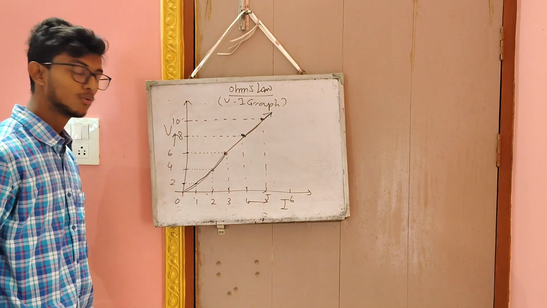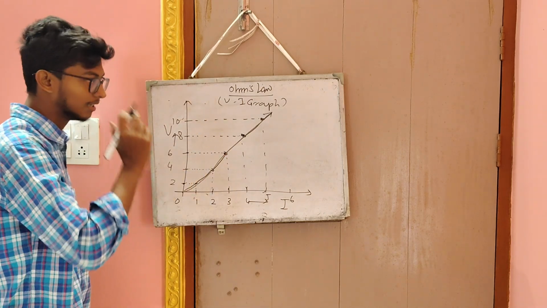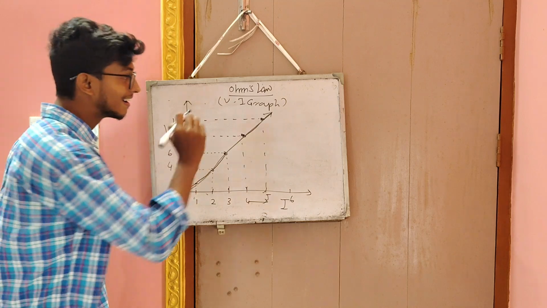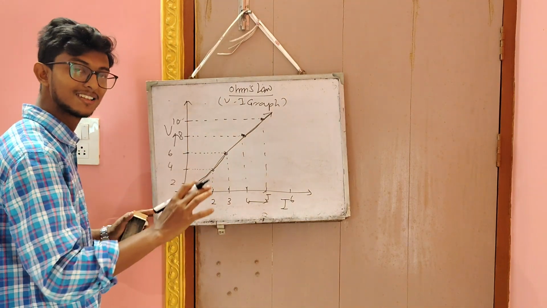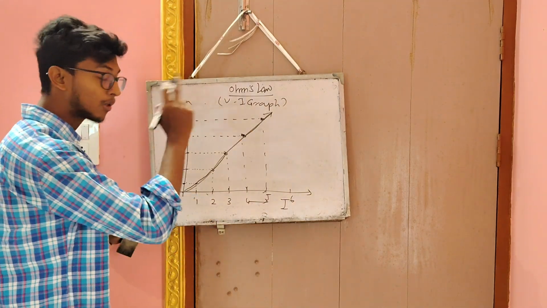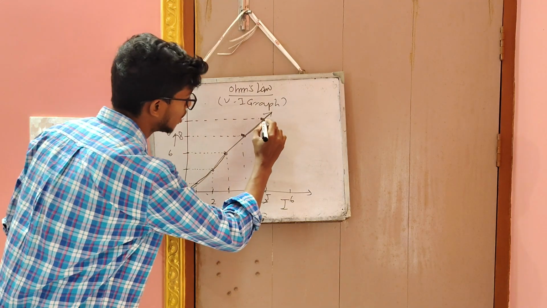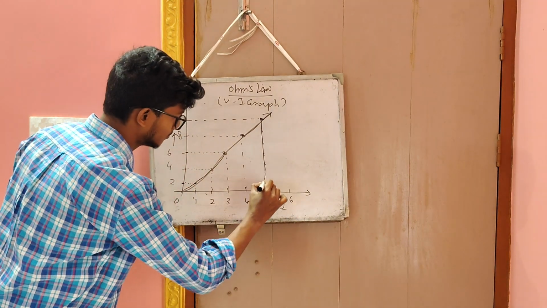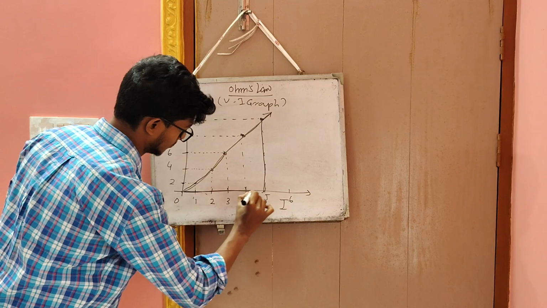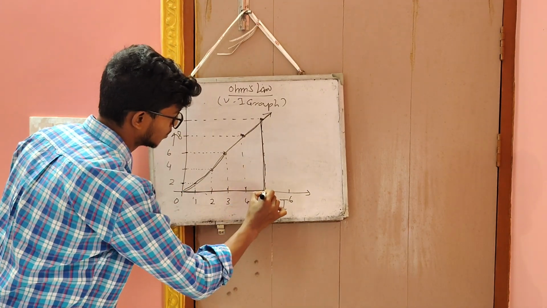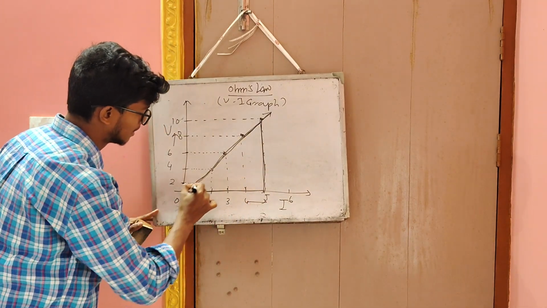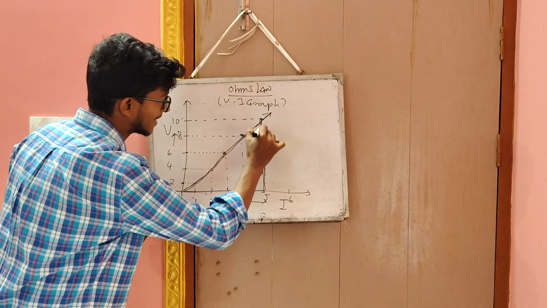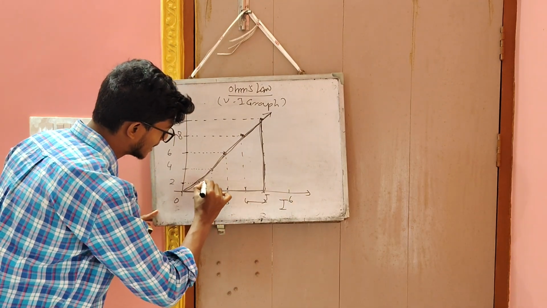From this VI graph, we draw a triangle. We draw a right angle triangle and we get the resistance from this graph. Okay. Now draw. This is the right angle triangle. This angle is theta.